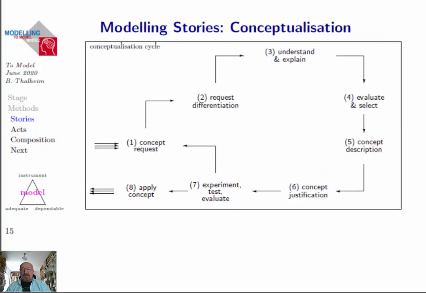If we go for conceptualization, we have a little bit simpler story. We go, of course, with concept development. Then we can try to differentiate the requests. We can try to explain and to understand what has been done, to evaluate and to select, to develop concepts, to justify the concepts, to test, to evaluate, or maybe in a general setting to experiment with the context and concepts.